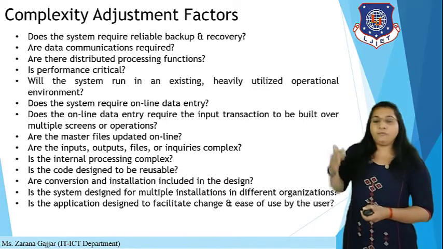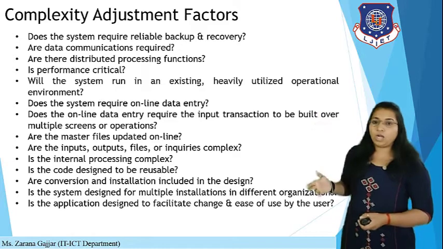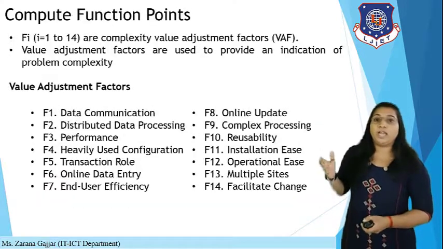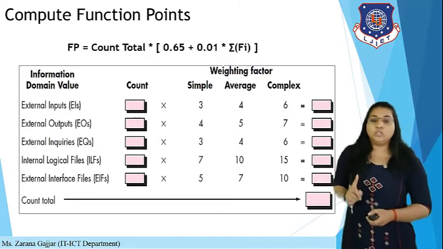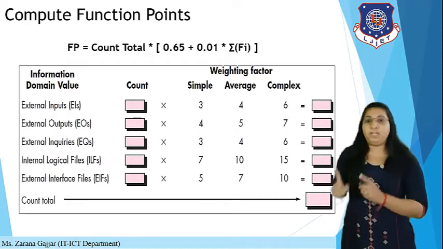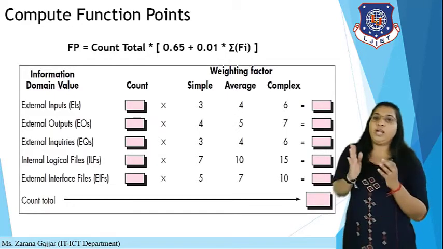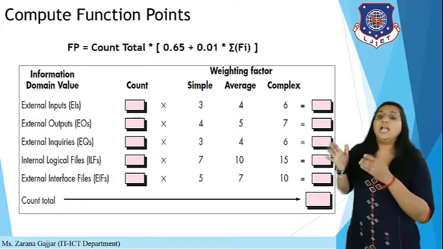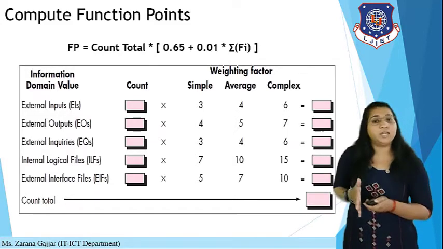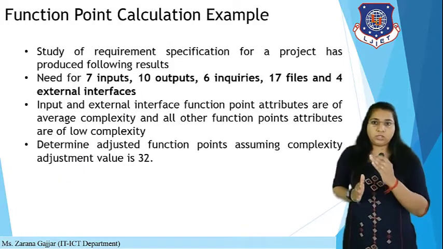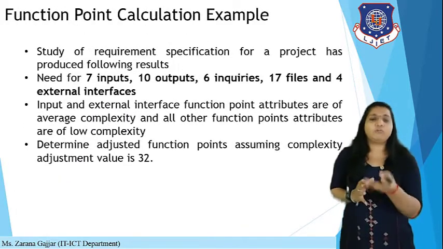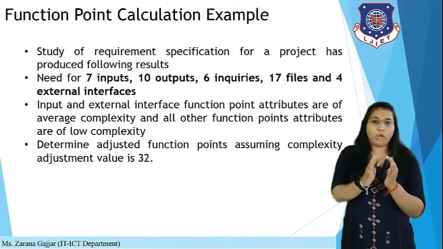Okay, so after answering all the questions, you are able to calculate the actual summation of Fi value. For calculating FP, you must calculate VAF first. So let's discuss it with a better example. The requirement specification for a project has been studied and produced the following result.